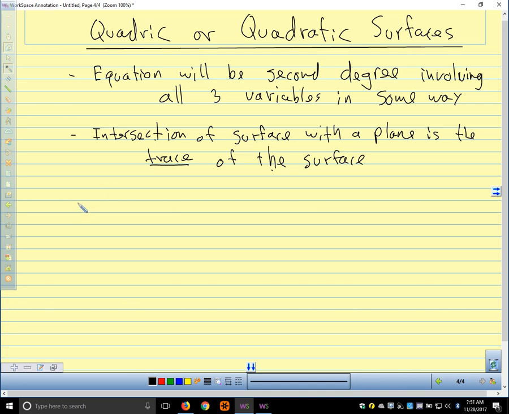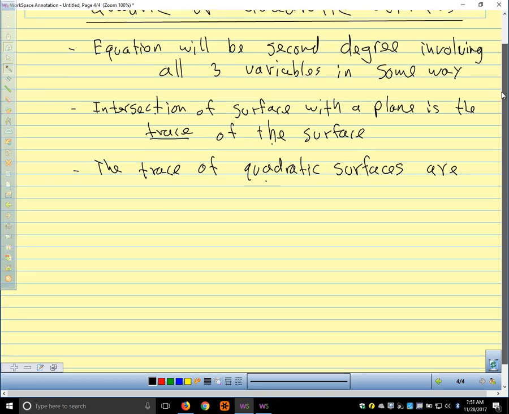The traces of quadratic surfaces are conic sections. So all of that stuff that we learned in pre-calc about ellipses and hyperbolas and parabolas, we use that a lot.